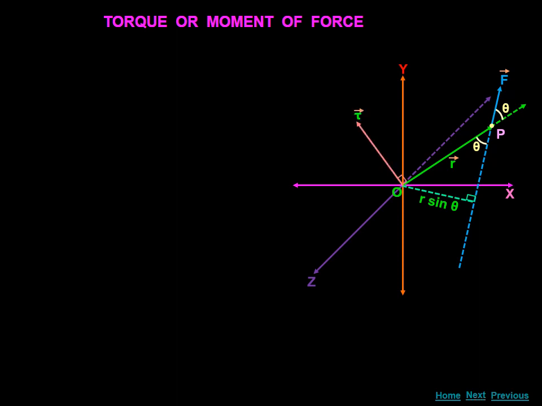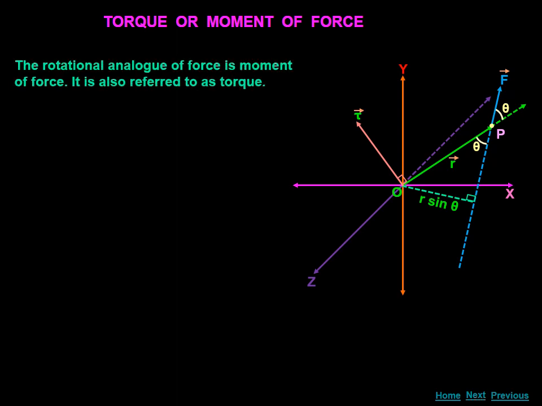This arrow represents the direction of torque, tau vector, and this tau vector is perpendicular to both F vector and r vector. So the rotational analog of force is moment of force, and it is also referred to as torque.